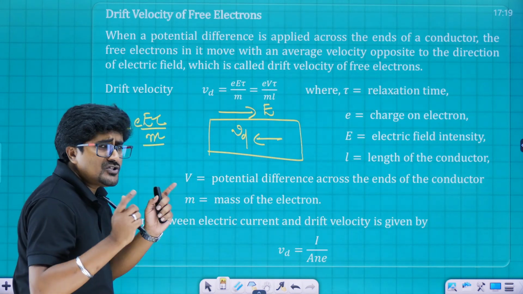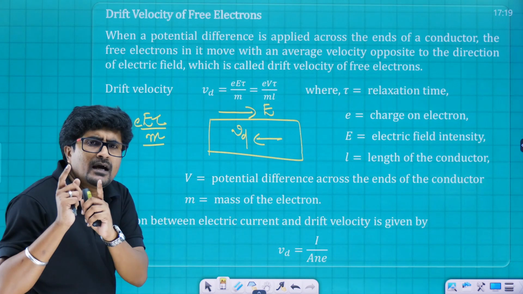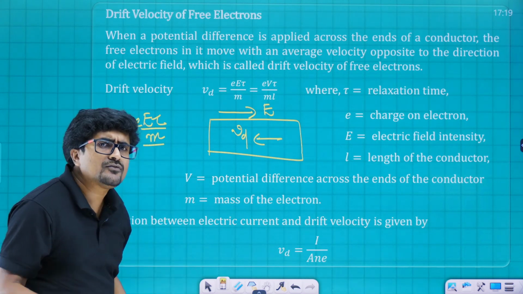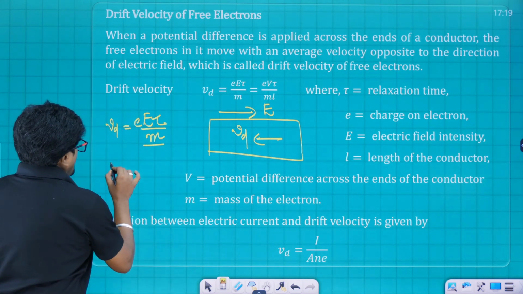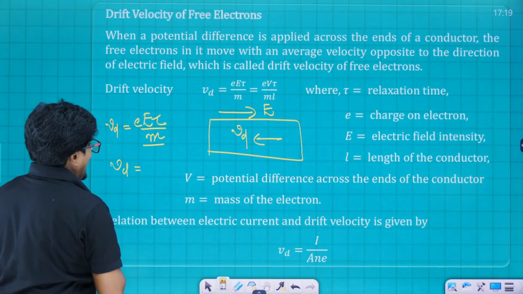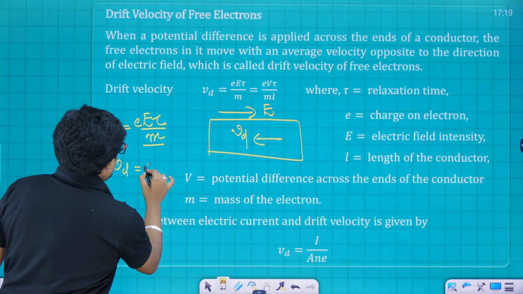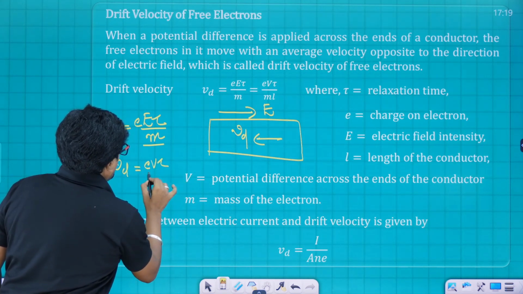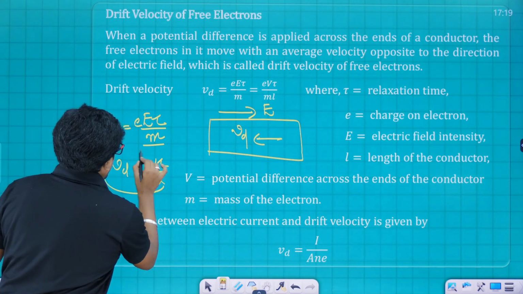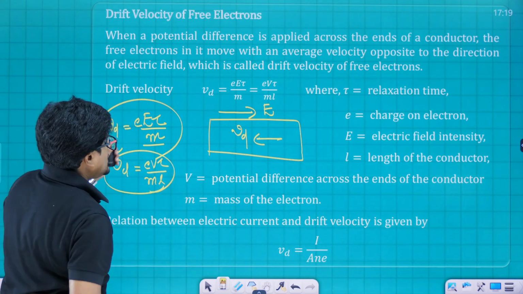And if you want to change this same expression in terms of the applied potential difference, then you may have the expression for drift velocity as V suffix d is equal to e into capital V times tau all divided by m into L. So you have got two expressions for drift velocity.